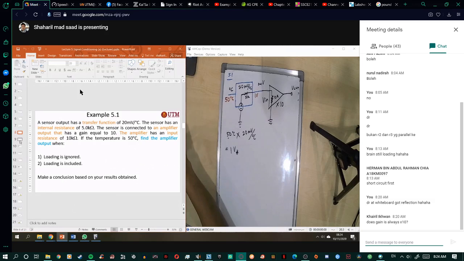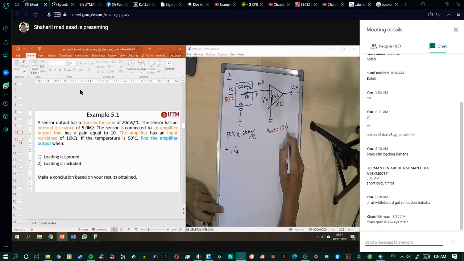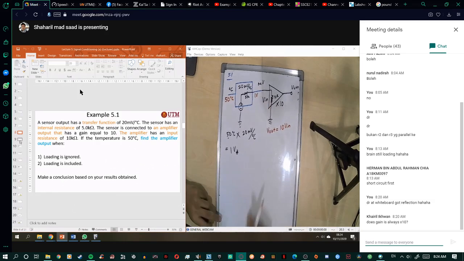So find the amplifier output. Our objective is to find V out. We know that V out is 10 times V in. So how to find V in when the loading is ignored?